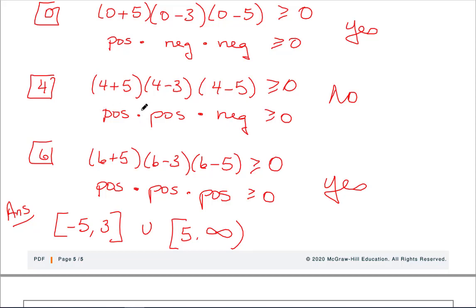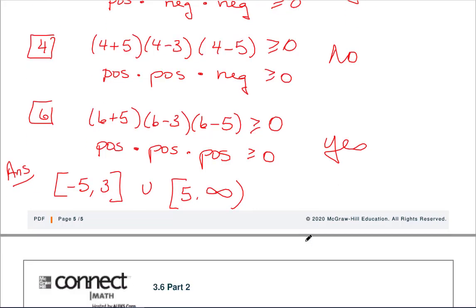The product is not going to be positive, so that's a no. And the last one, I've got positive, positive, positive. Product is positive. So that's a yes, and what works then is -5 to 3, union all the stuff on the right.